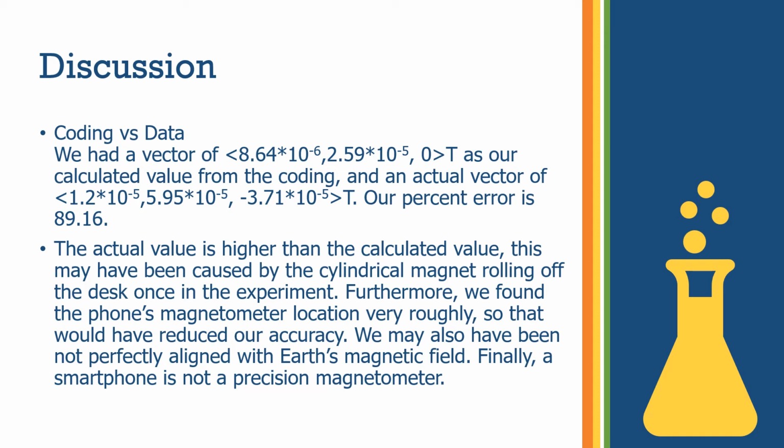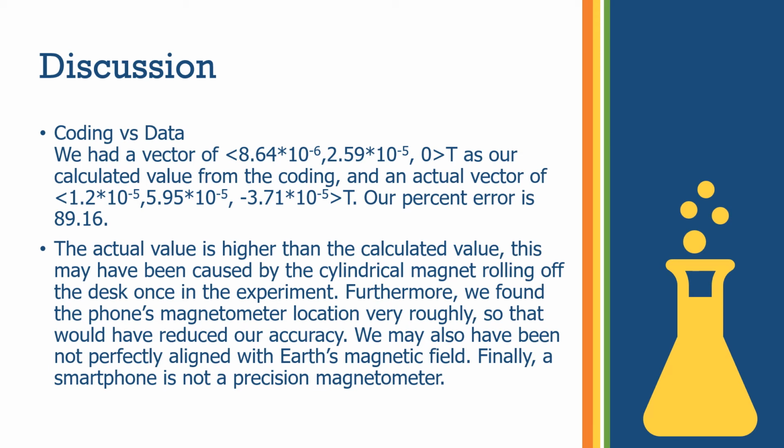So some of these errors could have been caused by the fact that the magnet was cylindrical, which made it prone to rolling around, and we had to reset it to its original location. Furthermore, the method that we used to find the phone's magnetometer location may not have been perfect. There were definitely a lot of ways that could have introduced error because we had to just find the location of the magnetometer empirically instead of just knowing where it is.